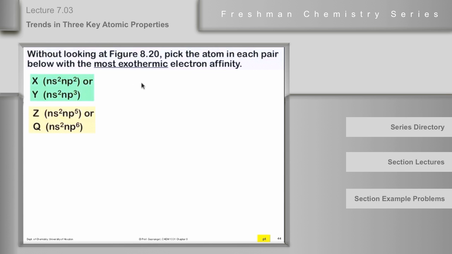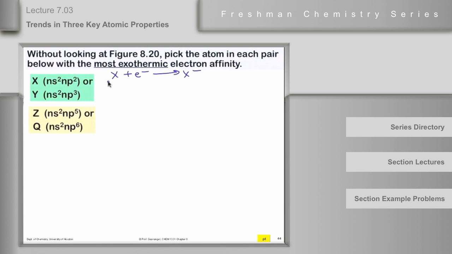Okay, now I've redone this slide just a little bit in terms of these examples. So it says, without looking at figure 8.20, pick the atom in each pair with the most exothermic electron affinity. So we have X, which is an nS2nP2, or Y, which is nS2nP3. Okay, so we have X plus an electron goes to X minus.